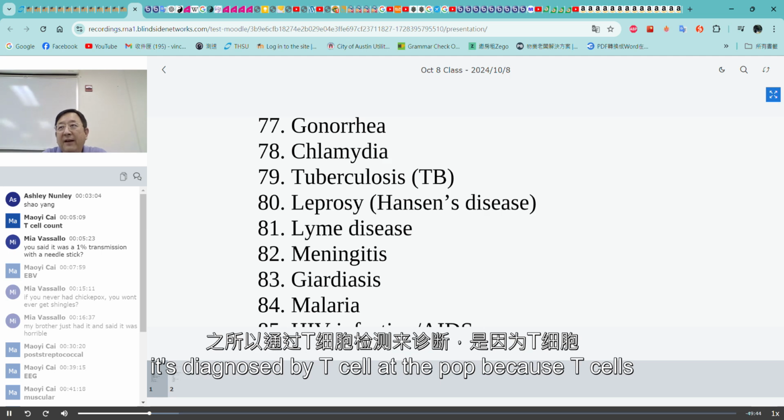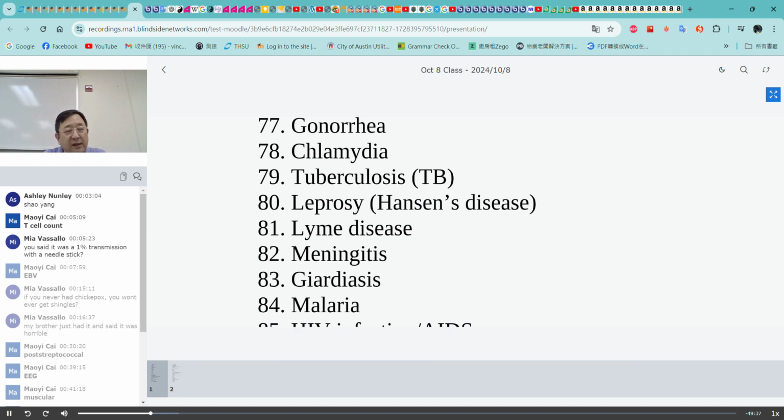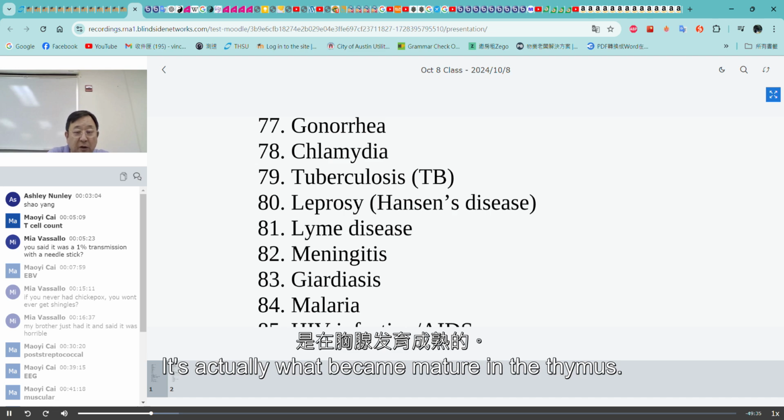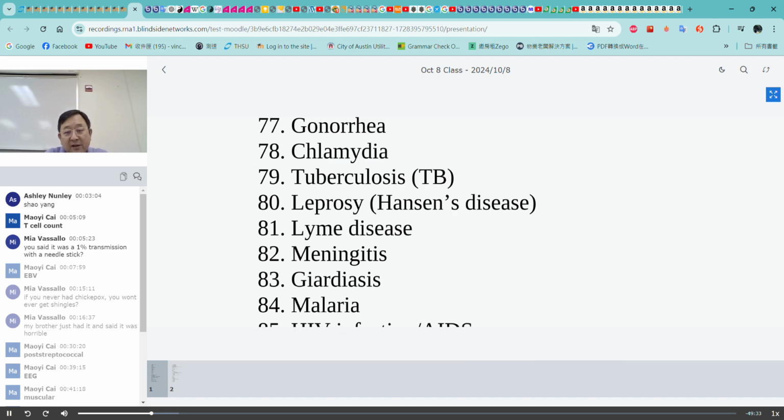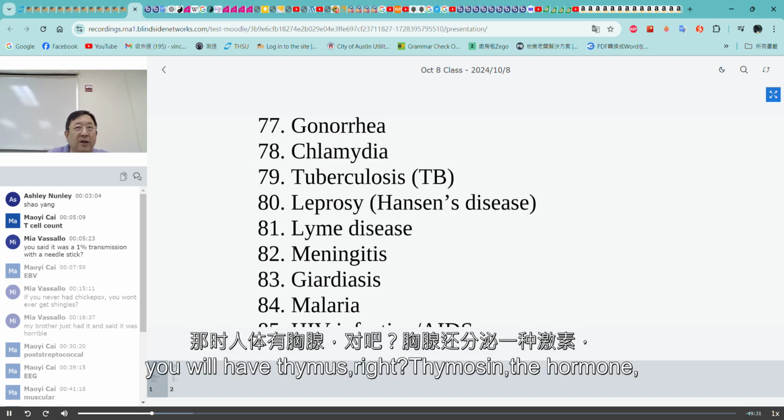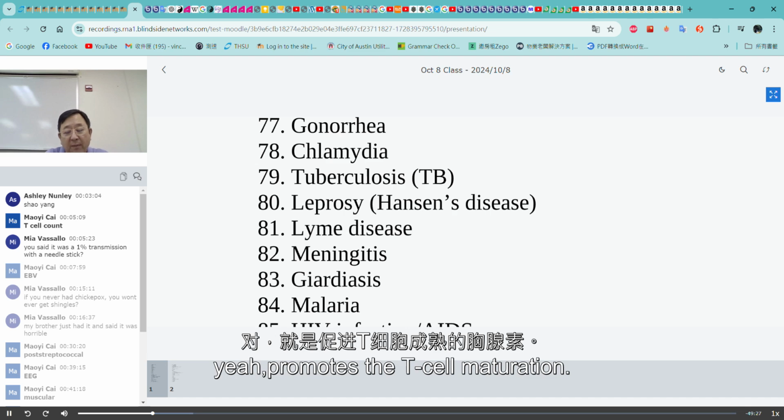Could you repeat the part about AIDS being diagnosed by T cells? T cells actually mature in the thymus. When you are young you have a thymus, and thymosin, the hormone, promotes T cell maturation.